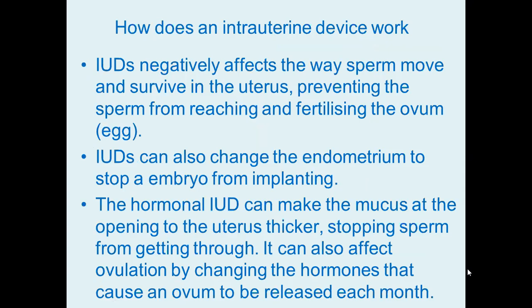And the hormonal IUD can make the mucus at the opening of the uterus, in other words the cervix, thicker, stopping sperm from passing through. It is also thought to affect ovulation by changing hormonal levels. It negatively affects the hormone that causes an ovum to be released every month, and progesterone or progestogen actually does do that.